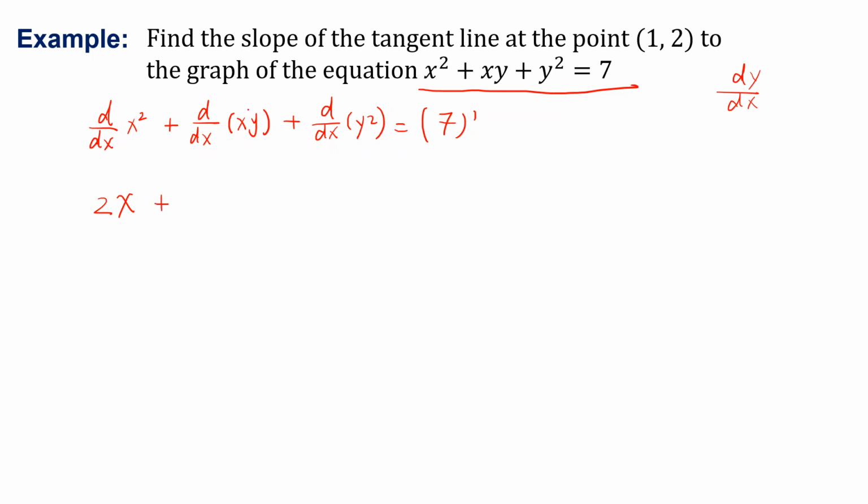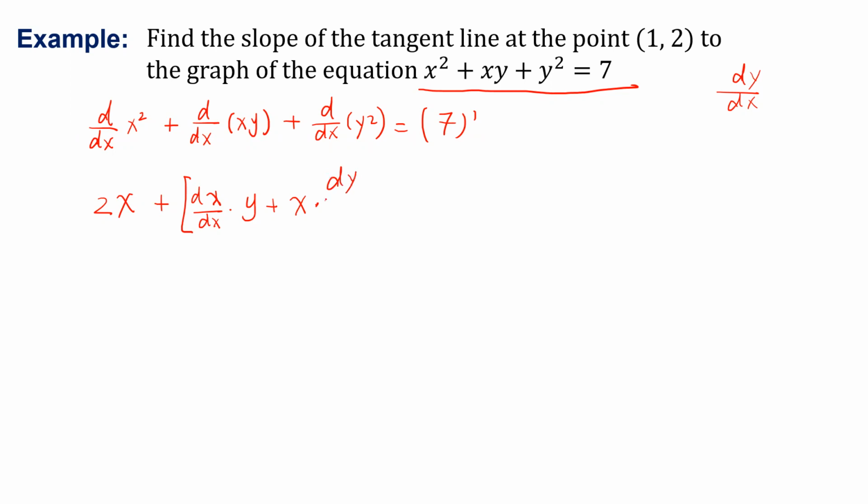Second part is a product of two functions. The derivative of a product of two functions equals the derivative of the first function, which is x, with respect to x, times the second function, then plus the first function times the derivative of the second function with respect to x.